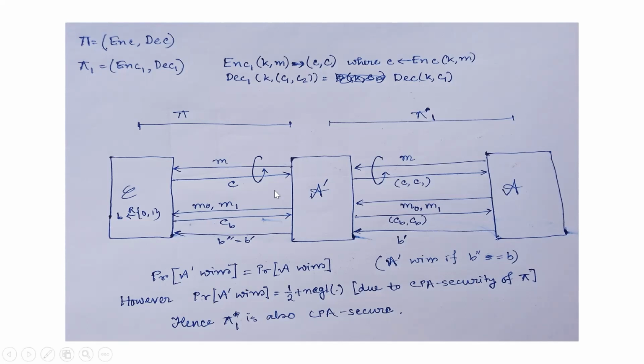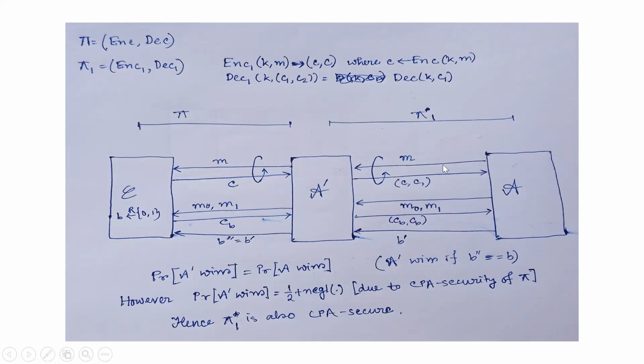Okay. Now, the game is as follows. The left part is the game for the CPA security of the scheme pi. So this is the challenger and this is the adversary A dash. And this right half of the game is for the CPA security of the modified scheme pi1. Okay. Now the game proceeds as follows.